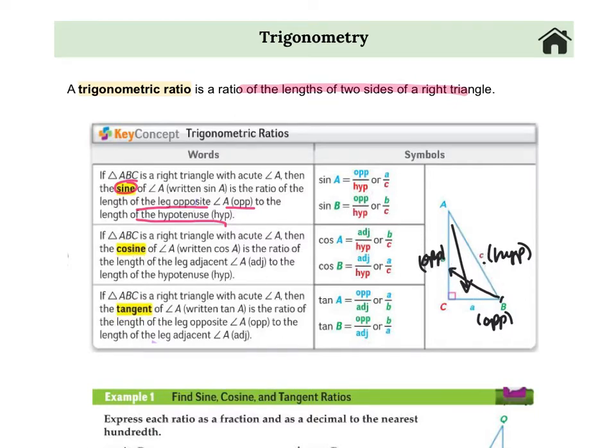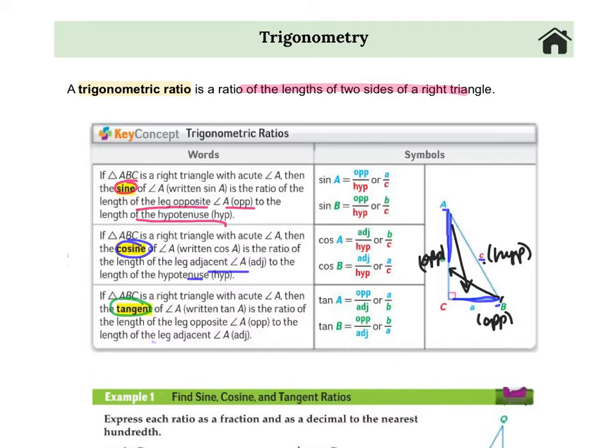For the cosine, we are comparing the ratio of the adjacent leg to the hypotenuse. So again, if we're looking at A, we want the adjacent leg, which is right here, so B over our hypotenuse C. And then the cosine of B would be our adjacent leg A over C. And then our last ratio is tangent.